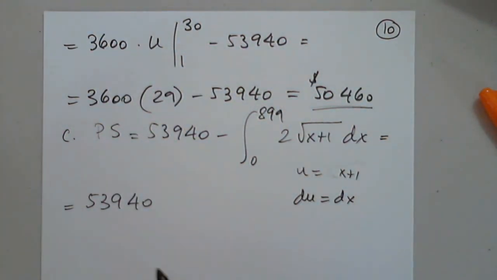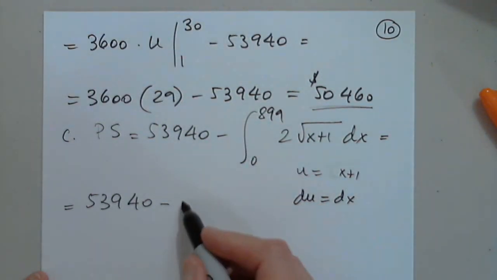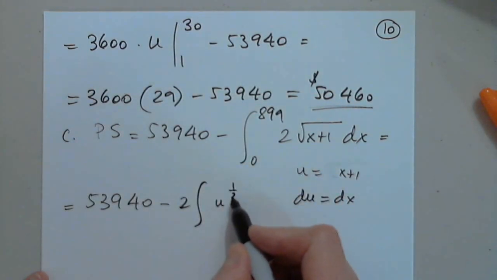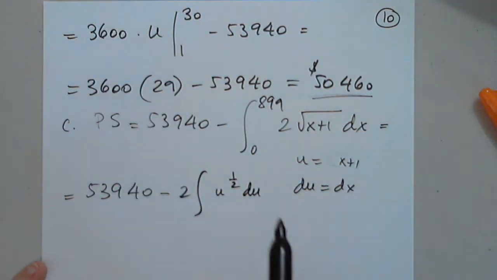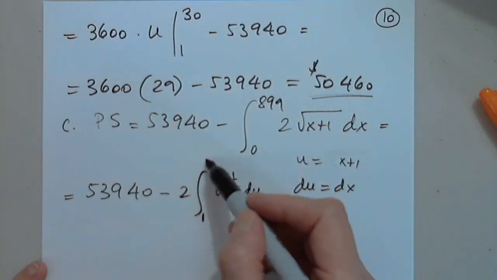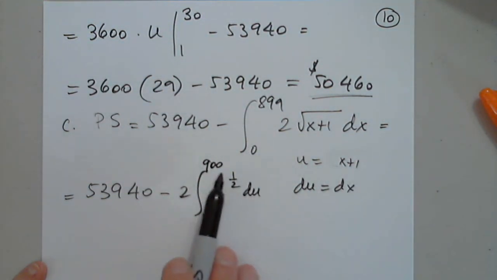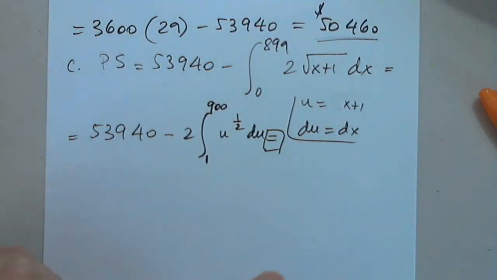The 2 goes outside, so this is 2 times the integral of u to the 1/2 du. Careful with the limits of integration. When x is 0, u is 1. When x is 899, plus 1, that's 900. So from here, continue.